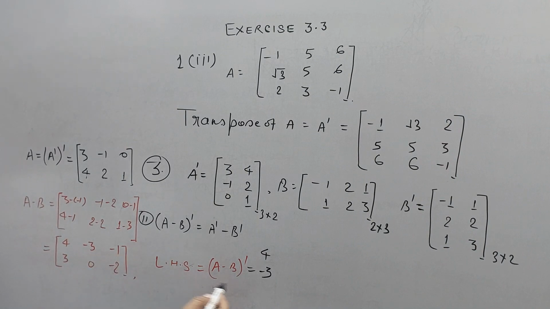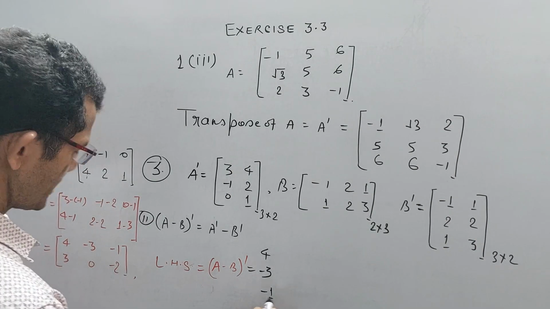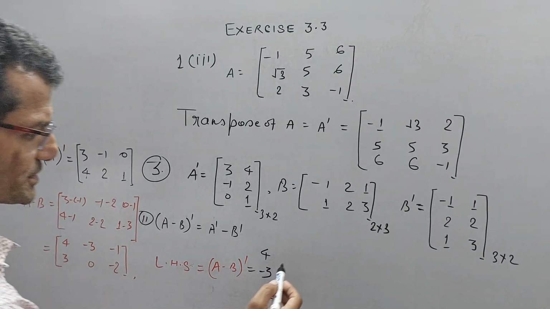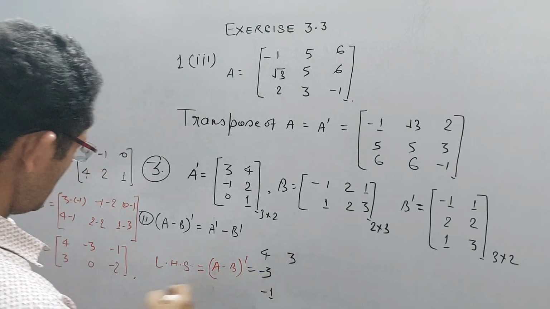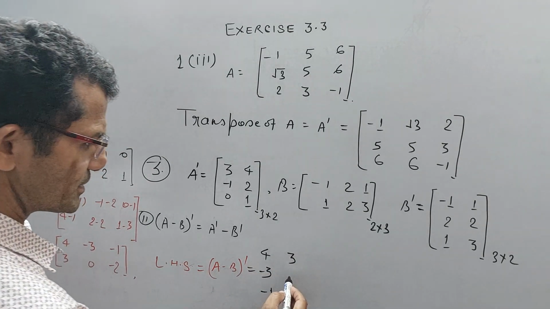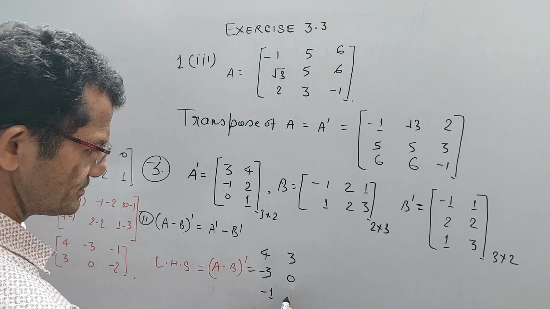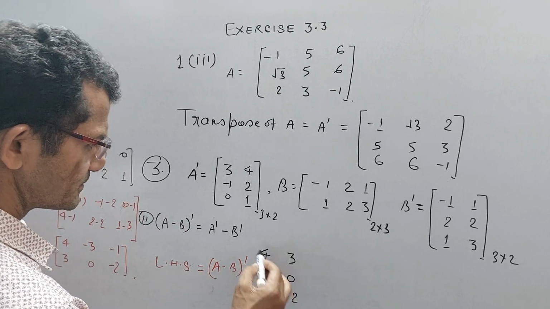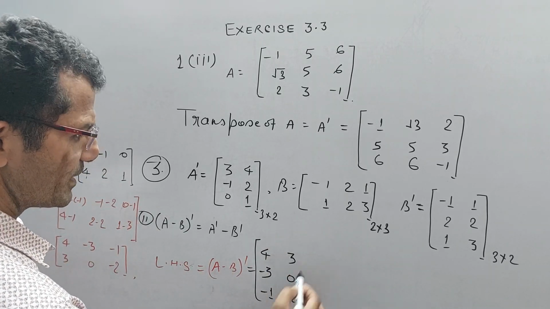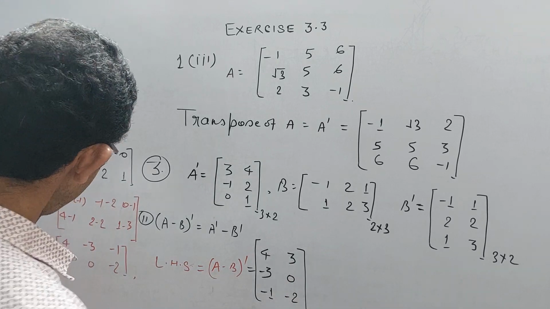And the second row, 3, 0, minus 2, becomes the second column.